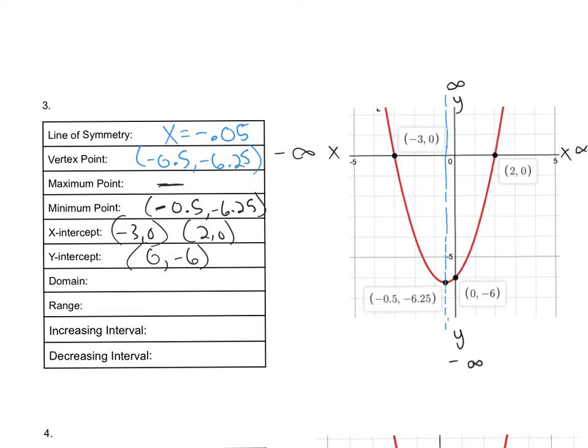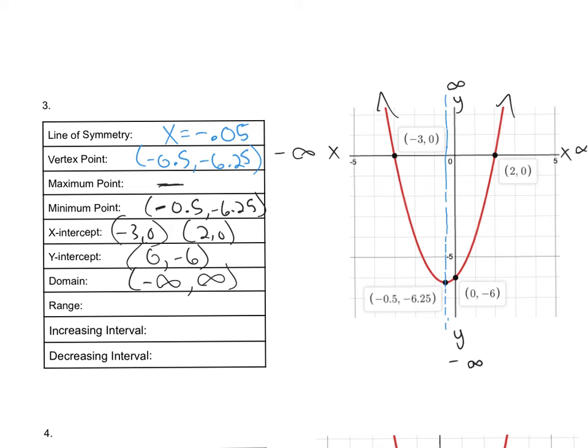So again, your domain and range. So remember this is going to extend off to the left and to the right as it extends upwards. So eventually it'll get to the left to the x value of negative infinity and right towards the x value of positive infinity. So once again, our domain is going to be all those real numbers between negative infinity and positive infinity. Our range, remember, we're going to look at the y values included in the graph, going from bottom to top.